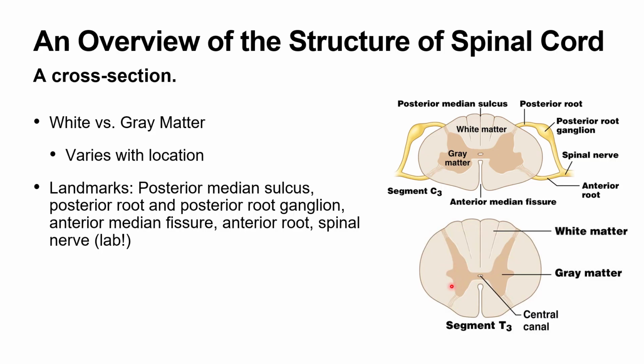Now, the reason that we have these gray horns in the thoracic spinal cord only, we do not have them in our cervical spinal cord regions and not in the lumbar spinal cord either, because remember, the lumbar spinal cord is just a collection of nerves that flow down through the spinal column.